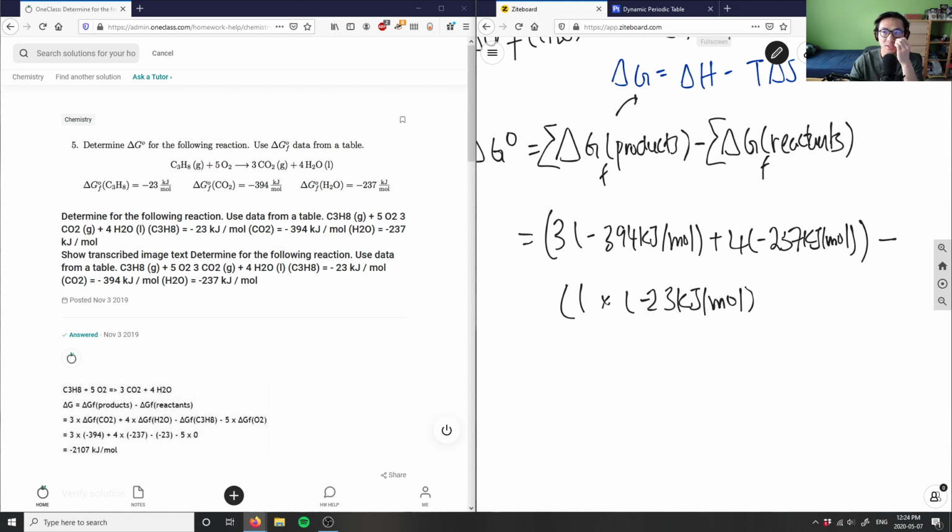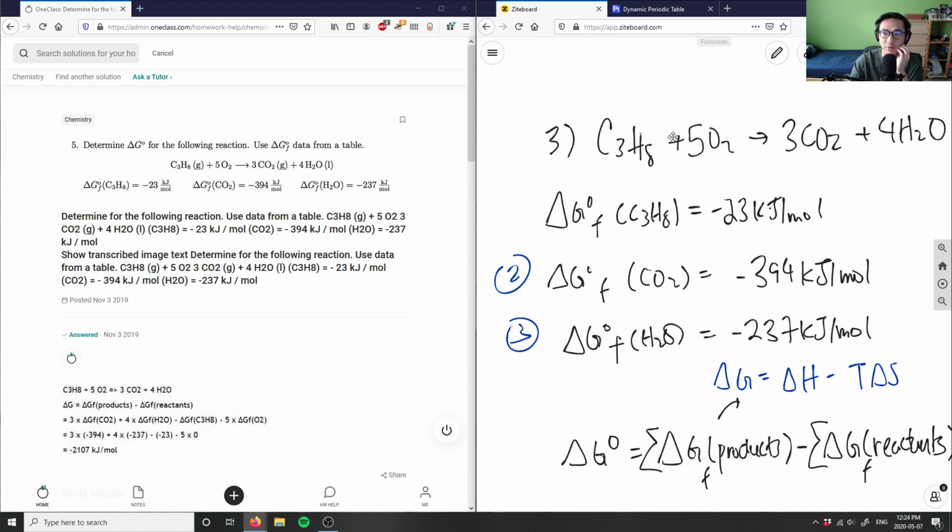For oxygen gas, I know it's a diatomic molecule. Oxygen already exists as O2. You can think back to Hofmannsthal, the mnemonic. Because it's just an element in its standard form, it does not have a delta G of formation, and it's actually 0 in this case.